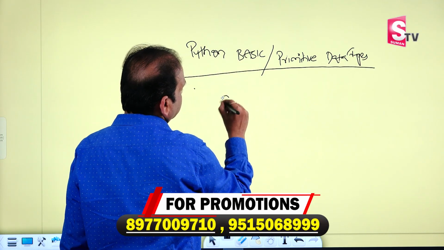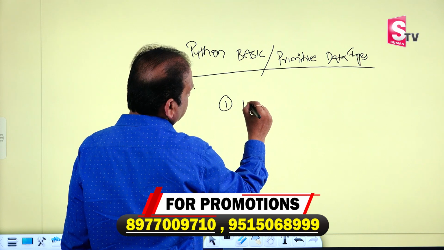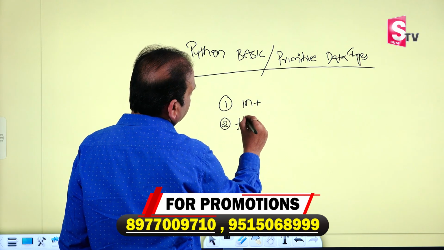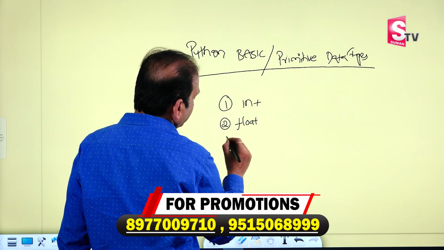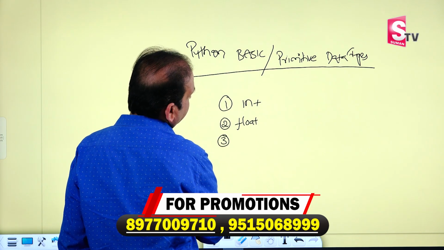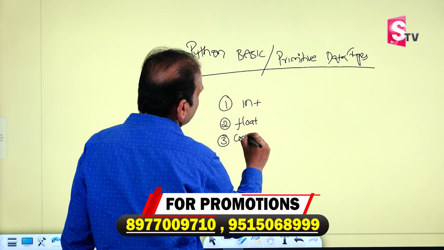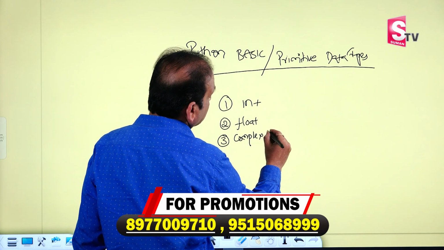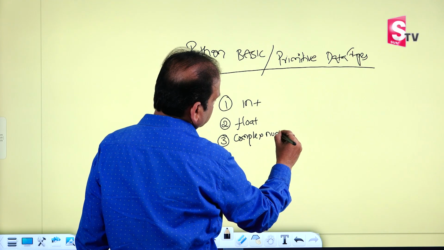What are they? For example, int, floating point number float, and there is one more data type that comes under number, that is complex number. We won't discuss that much now, but in coming sessions, we'll discuss these complex numbers.